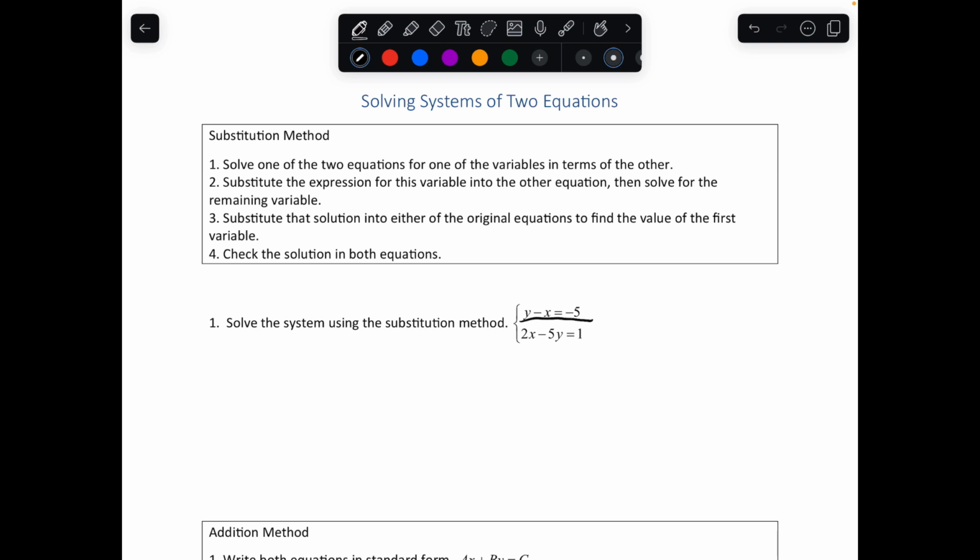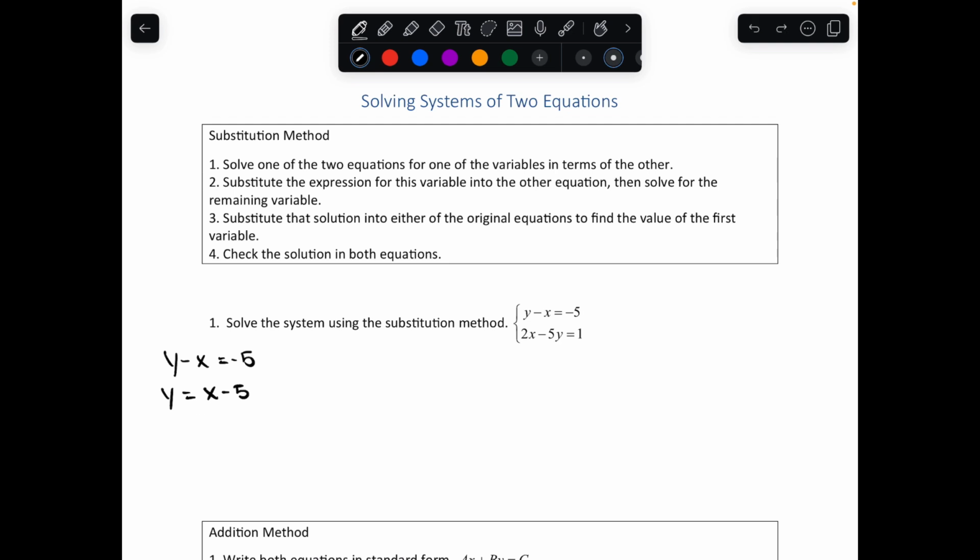How do I do that? I'm just going to add x to both sides. So I'm going to rewrite it. We have y minus x is equal to negative 5. Now I want to get one of the variables by itself, so like I said, I'm going to add x to both sides, and this will become y is equal to x minus 5. Now that I've solved for one of my variables, I can take that and substitute it into the other equation itself.